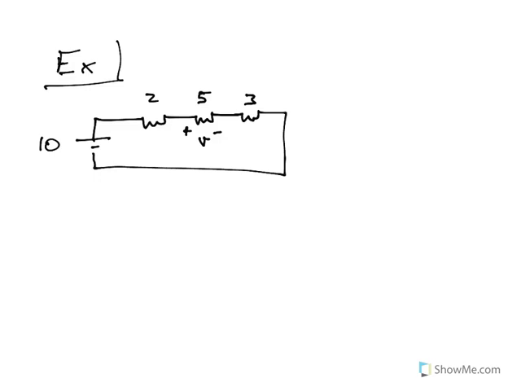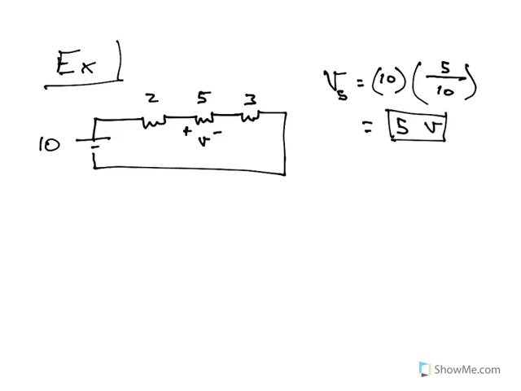The voltage divider says, well, all of these resistors are in series, so I could do the voltage divider. And so the voltage dropped by the 5 ohm resistor is going to be the total voltage, 10, times the resistor I care about, the 5, divided by the total resistance, which is 2 plus 5 plus 3, which is 10. And this gives me a voltage drop of 5 volts.